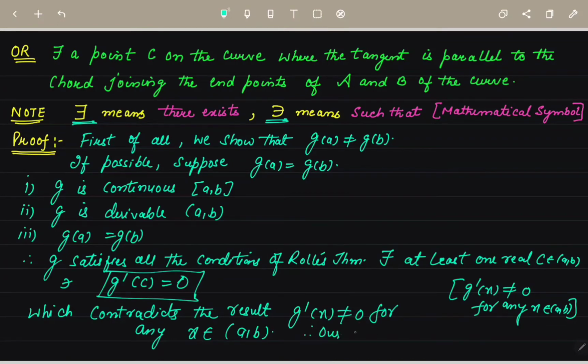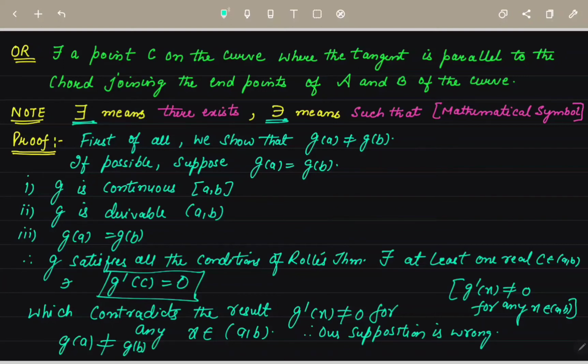Therefore, our supposition is wrong, which means g(a) is not equal to g(b).